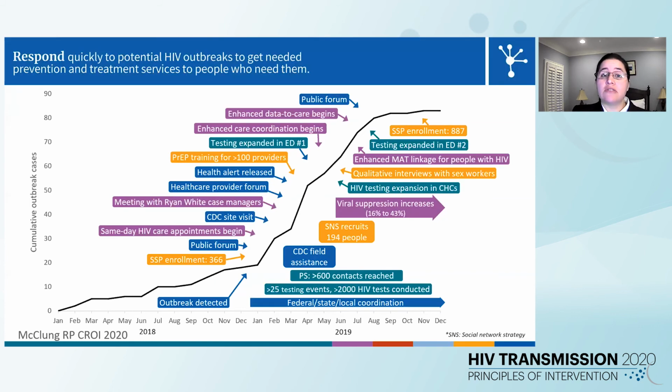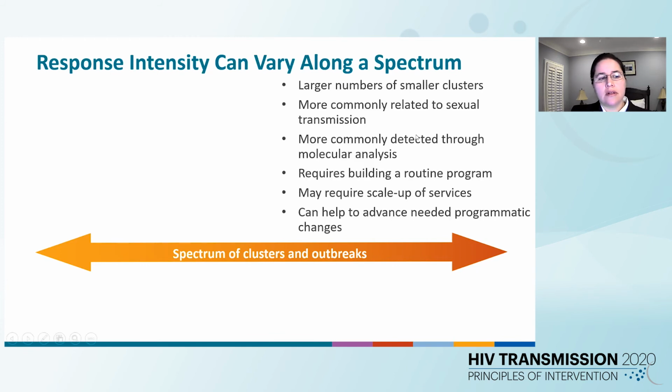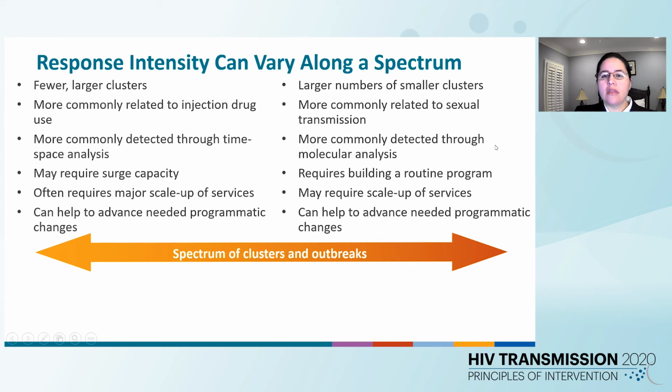Here you see the activities from all 4 pillars, all of which were critical to this response. But the Respond pillar is not only about these large outbreaks. The intensity of our responses can vary along a spectrum. On the one hand, there are a smaller number of very large clusters like the West Virginia one.